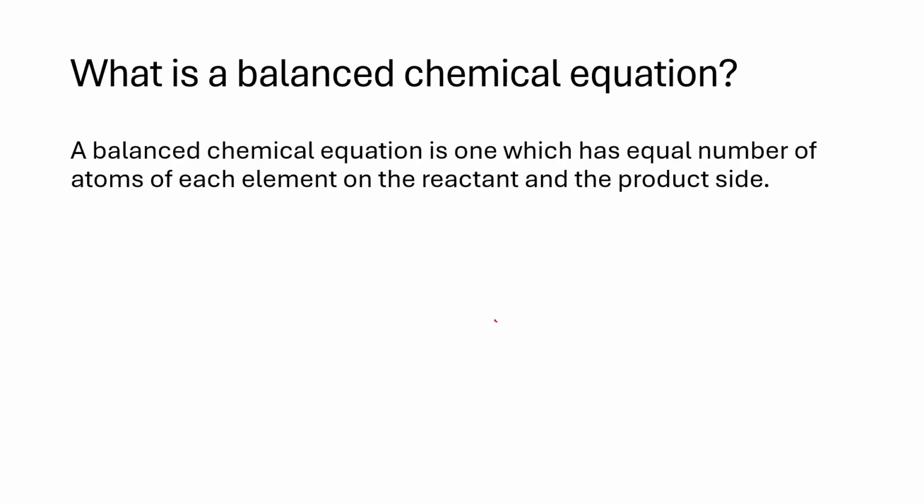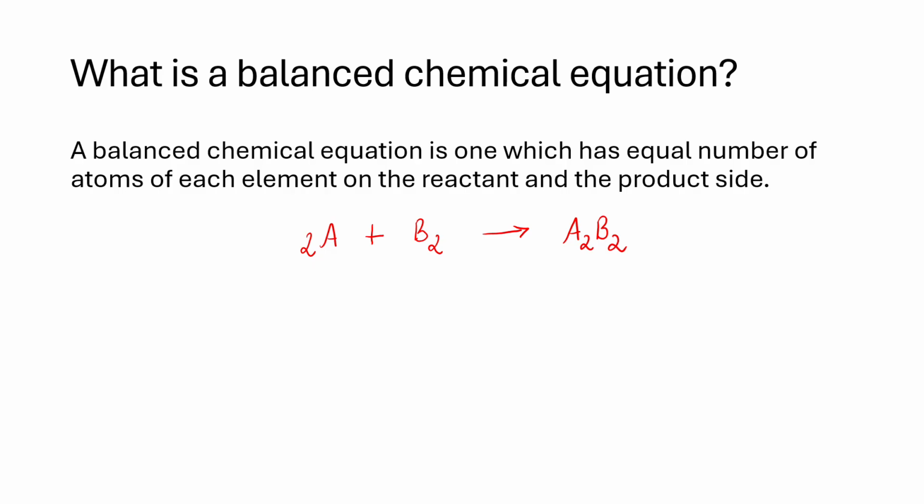So let's say we have a chemical equation 2A + B2 giving you A2B2. Let's say A and B are two different elements.